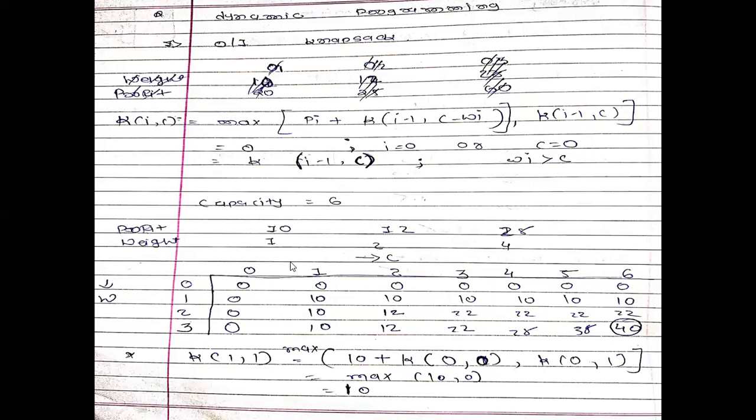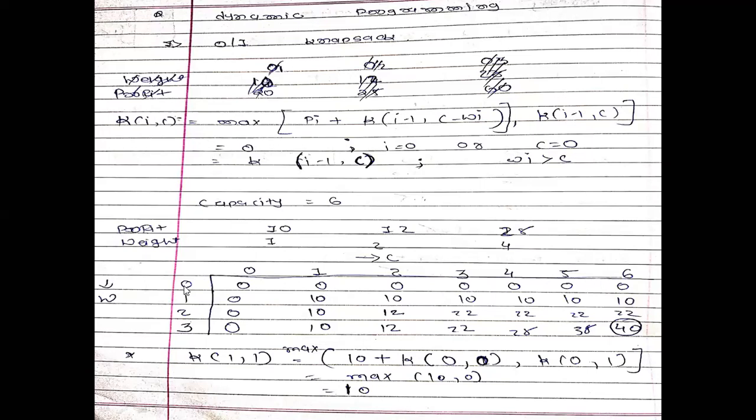So into the table this is your row index. So in row indexes, how many items you are having, that is 3, right?